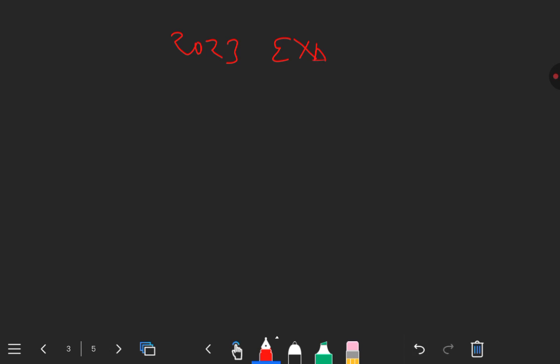In the 2023 exam, there is this question, CHE 2105. There was this question which is like this.